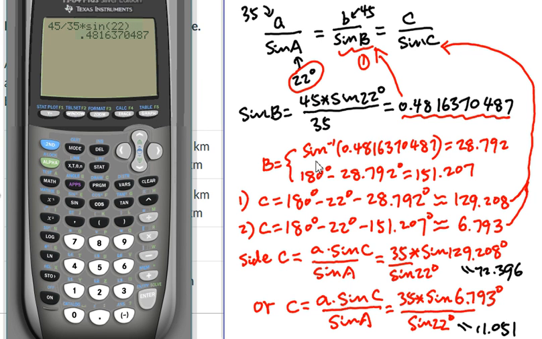Then B comes out easily by doing sine inverse. When you do the sine inverse, you input so many digits, you may not really input it correctly. Here, the way to do this is you store this value into where?